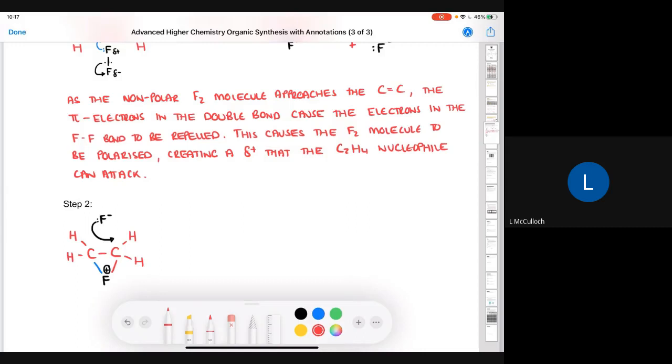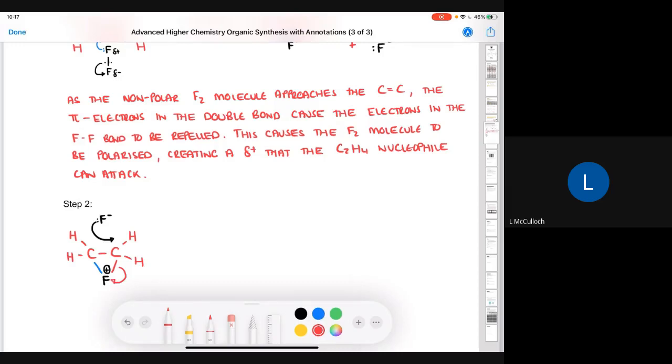What will then happen is that will then cause the bond between the carbon where you're forming the new bond and the carbon to fluorine bond in that cyclic intermediate that already exists. That bond will then kick off.